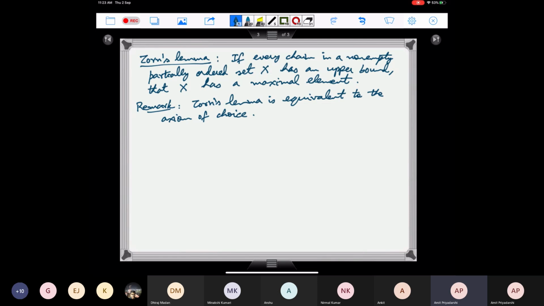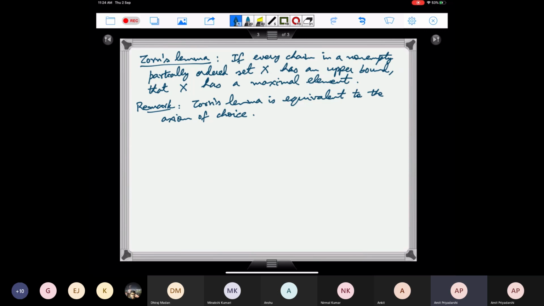It is well accepted that the axiom of choice is assumed to be true, and in almost all of mathematics you will see that we use it, taking it for granted. But there are some branches where people try to see whether things are true without the axiom of choice.